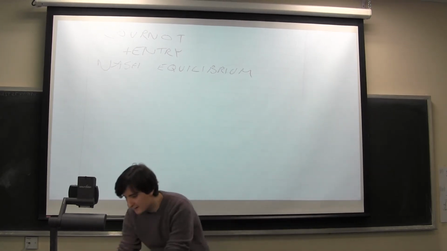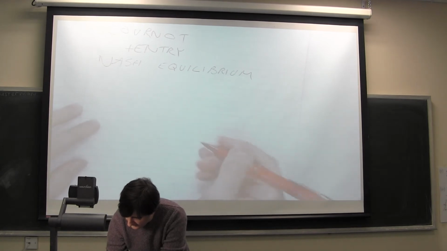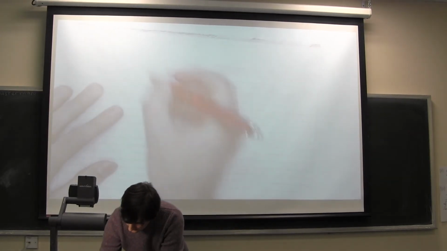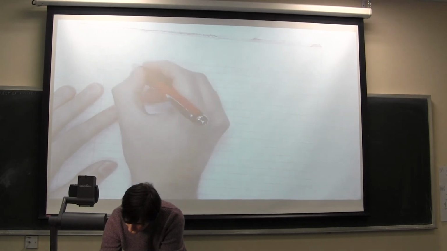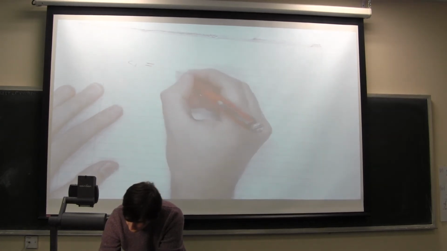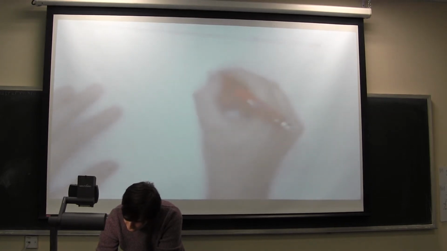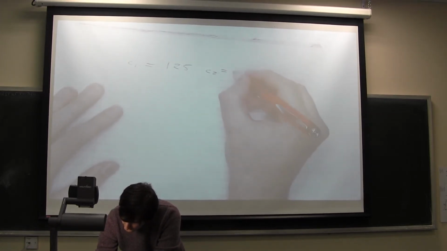Okay, so let's do another example of this. Let's suppose we've got 3 firms. First firm has marginal cost of 125. Second firm has marginal cost of 127.